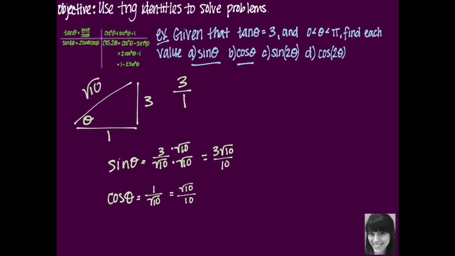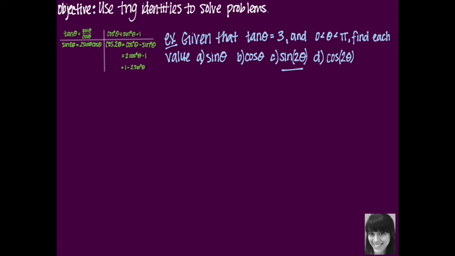Okay, so now you know how to do that. Now we're going to use our identities to find sine 2 theta and cosine 2 theta. So sine 2 theta. Again, we're just going to use the one that it equals: 2 sine theta cosine theta.